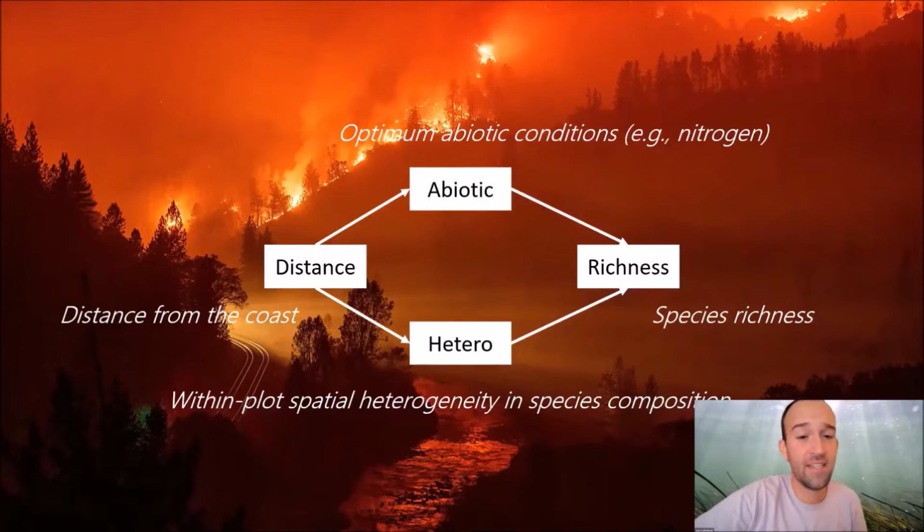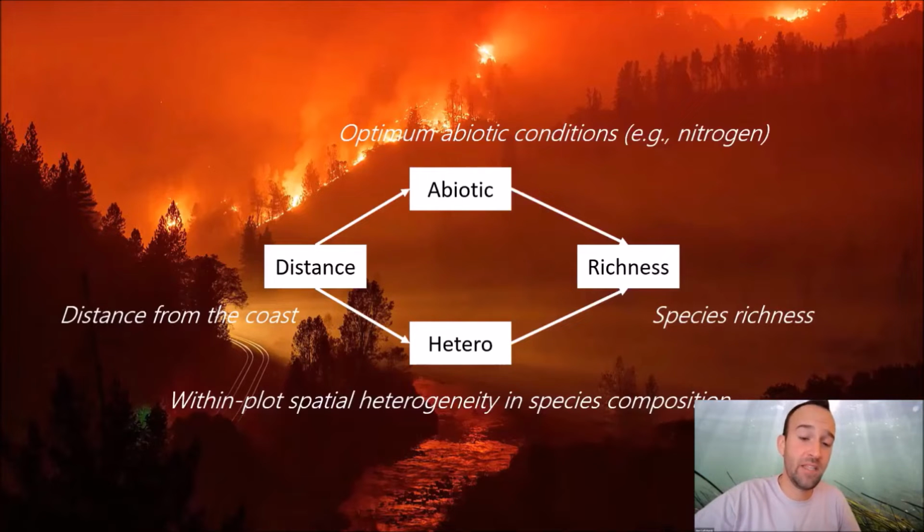They hypothesized that this distance would influence both the abiotic conditions, for example, soil nitrogen concentration, but also the composition of the ecological communities, so the spatial heterogeneity and species composition. So they computed a metric to be able to report the degree of heterogeneity there. And then ultimately, the abiotic conditions and the species composition would both influence the species richness, the number of different species that were found in each of these plots.